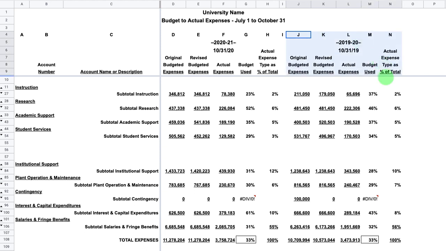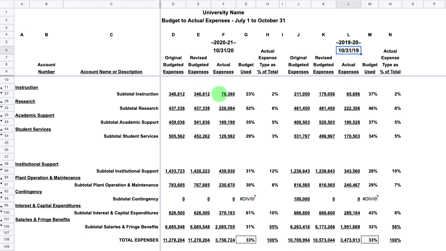Just to round it out, we have the same set of headings here on the top, on the right-hand side. And what we can see is that this is a comparison of the current fiscal year, 2020 to 2021, with a prior fiscal year, 2019 to 2020, as of October 31st this year compared to October 31st of the prior year.